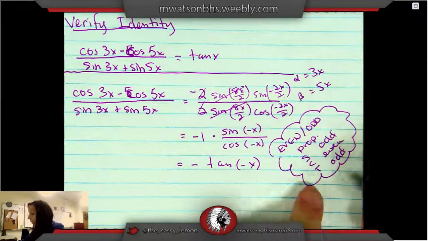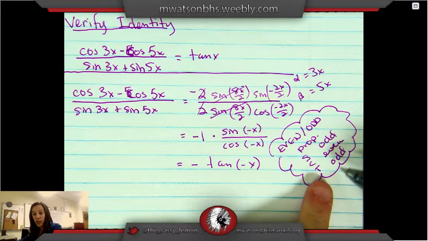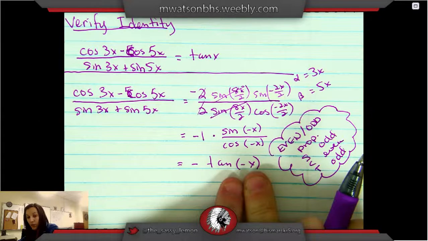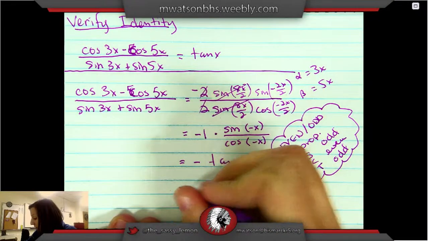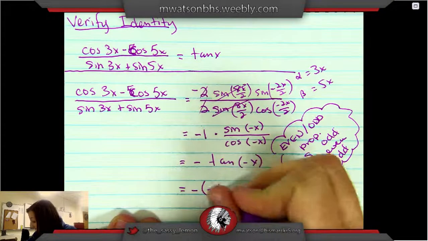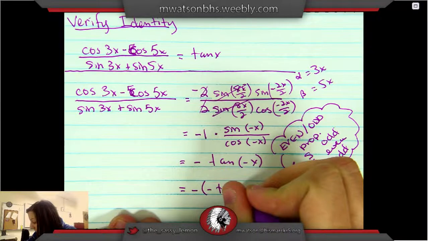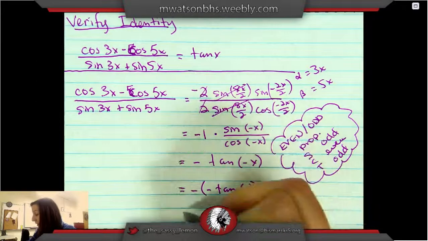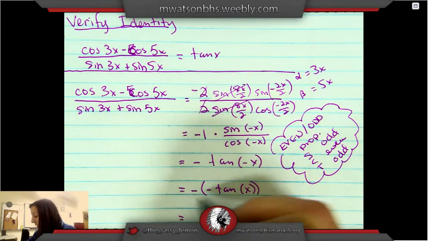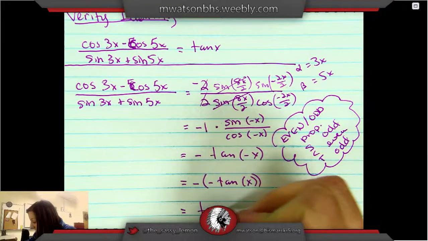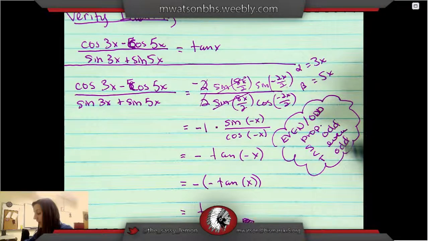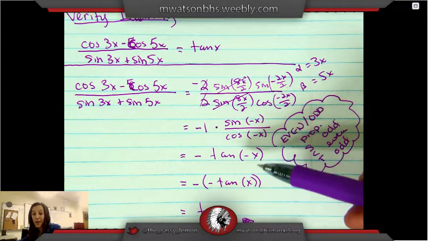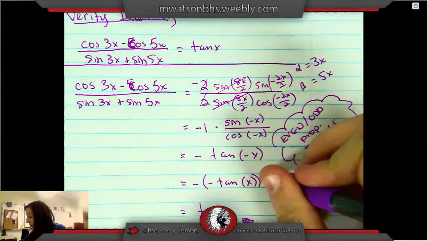And what it told you was if it's odd, if you have a negative angle, it's the same as having negative tangent of the positive angle. So this is actually equal to negative tangent of positive x. So in a way, those two do become positive and give you tangent of x. However, on a test, if that proof comes up, I want to see the reason that you used an even-odd property.